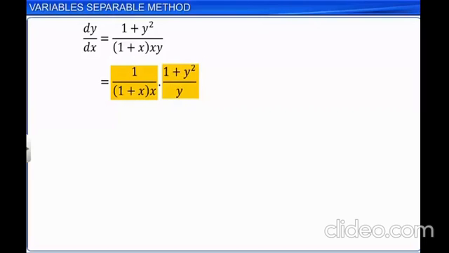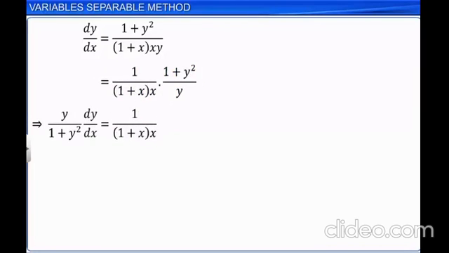Rearrange the equation by bringing the function of y on one side and the function of x on the other, as shown. Now, the expression 1/((1 + x)x) on the right-hand side can be written as 1/x - 1/(1 + x).